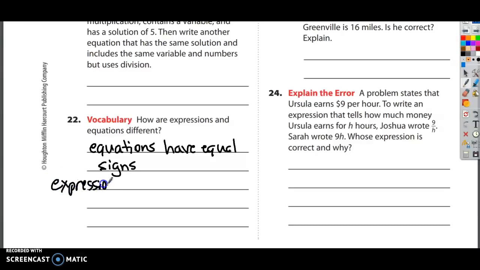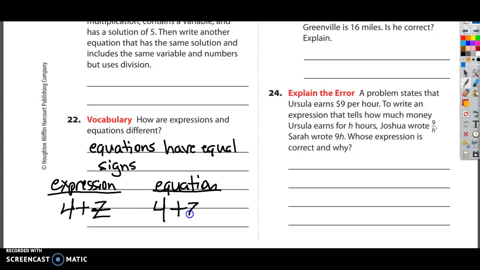An expression would be 4 plus z. An equation could be 4 plus z, but it has to be equal to 9 or something like that. Does that make sense? It's the only difference. Equations have equal signs. That's it. That's the only difference. All right, let's move on.